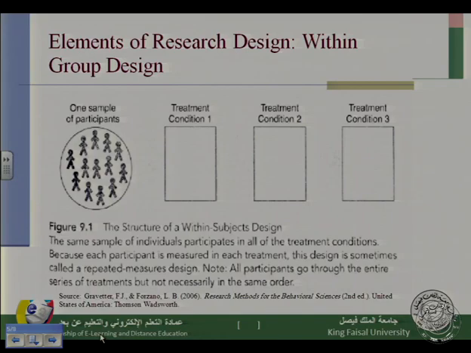Let's have an example where we want to test this group's vocabulary size. We want to know, for each individual student, how many words he knows in English. So the first treatment, we give them a vocabulary test. And then we want to know, for example, how they are using their vocabulary in writing.